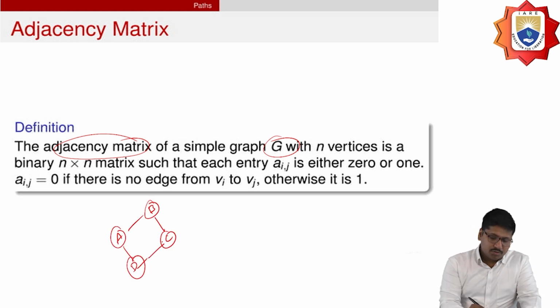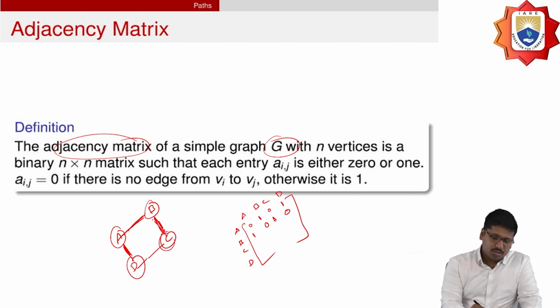So let us consider a graph. How are we going to represent the adjacency matrix here? We have to consider the set of vertices along the rows and columns. Whenever there is an edge between them, like A and B, that should be represented as 1, and the remaining should be 0. Similarly for B, it should be BA and BC as 1, remaining all 0, and there should be 1 for C, CB and CD.